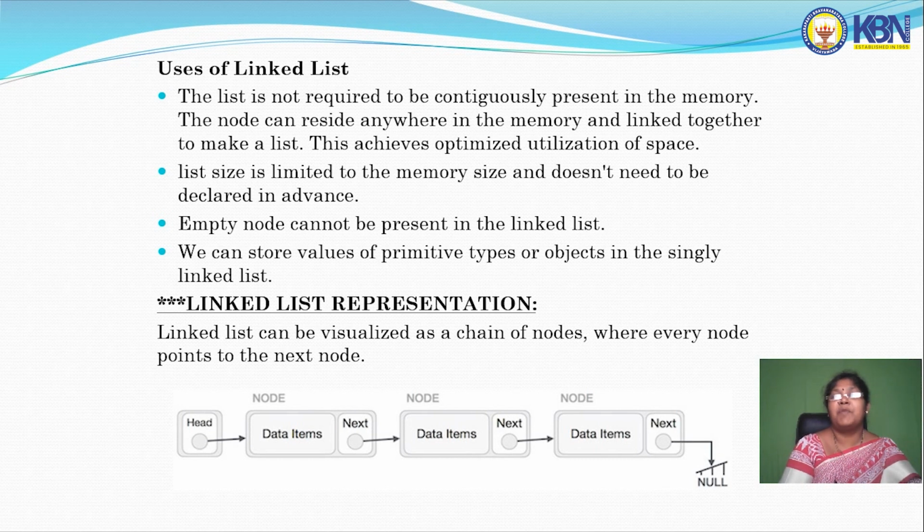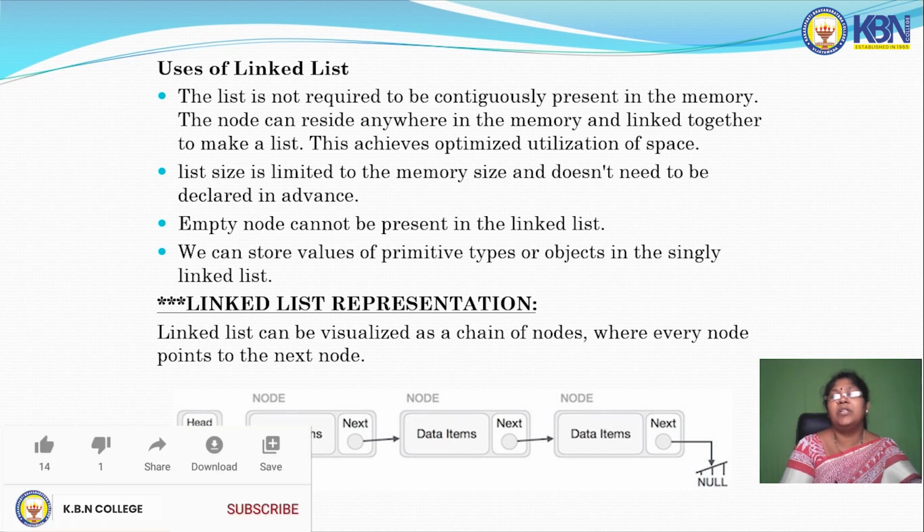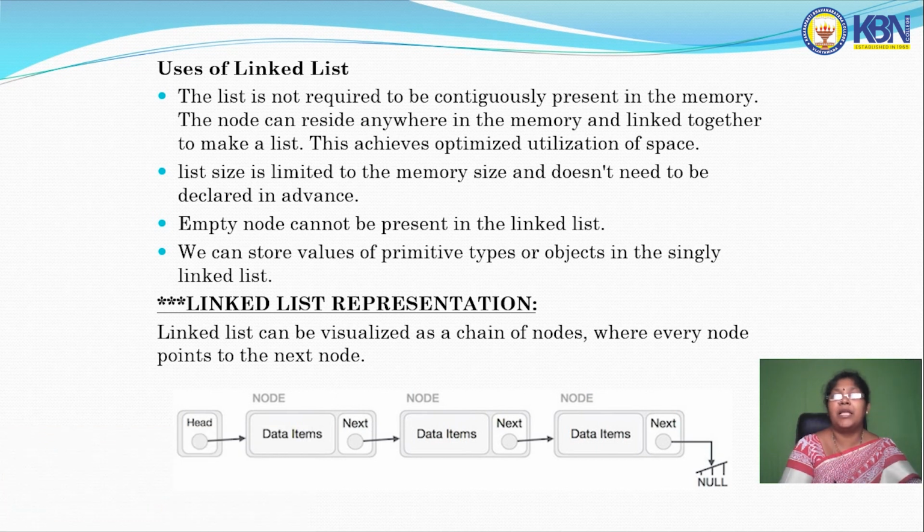It optimizes the utilization of space. With limited memory size, it doesn't need the maximum size, only the limited space whenever needed. Empty nodes cannot be represented in the linked list, no empty nodes are there. Then we can store the values of primitive types or objects in the single linked list.